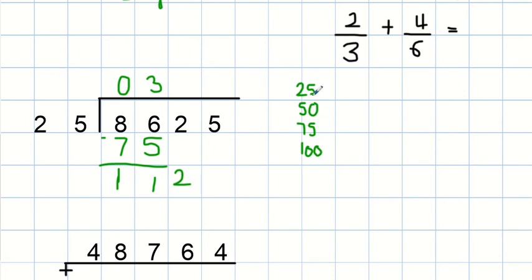Okay, well let's think about 25s. I'm counting up in 25 here. The closest I can get is 100, which is 4 times. But I need to know what my remainder will be. Well, actually I could probably do that mentally, but we're going to continue with this method.